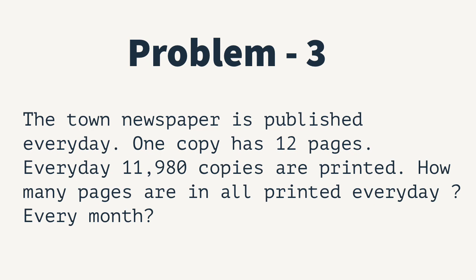Now, the next question is, the town newspaper is published every day. One copy has 12 pages. Every day, 11980 copies are printed. How many pages are printed every day and every month? Right?